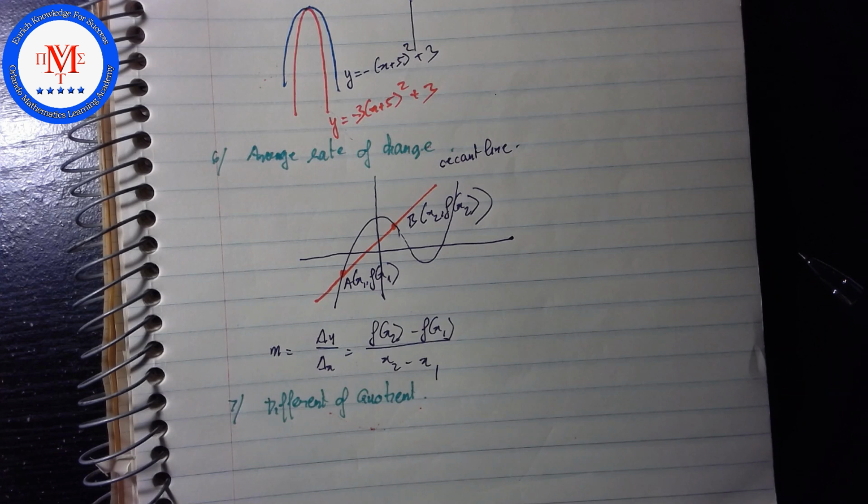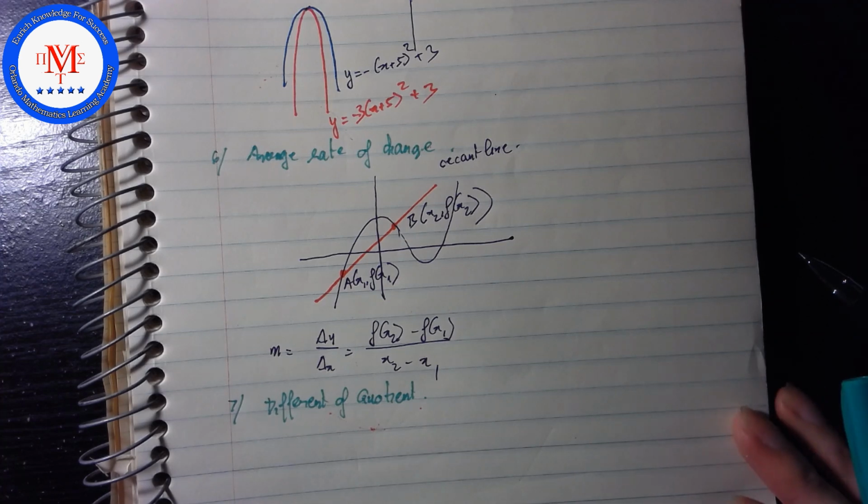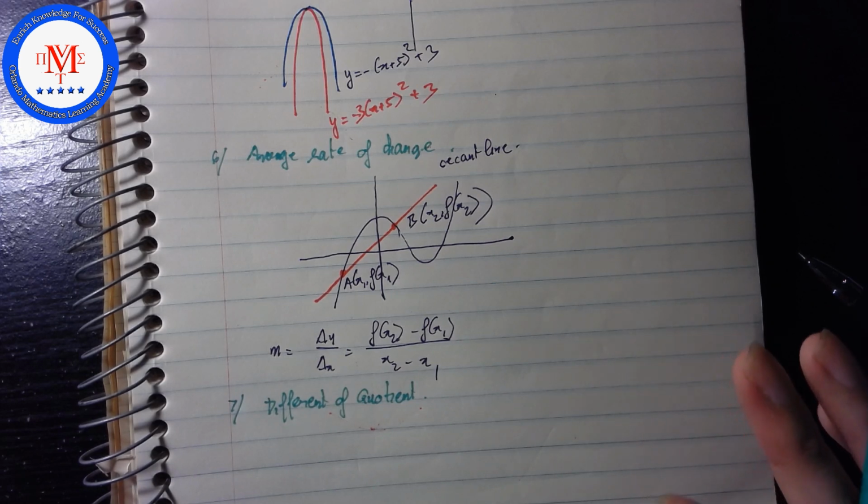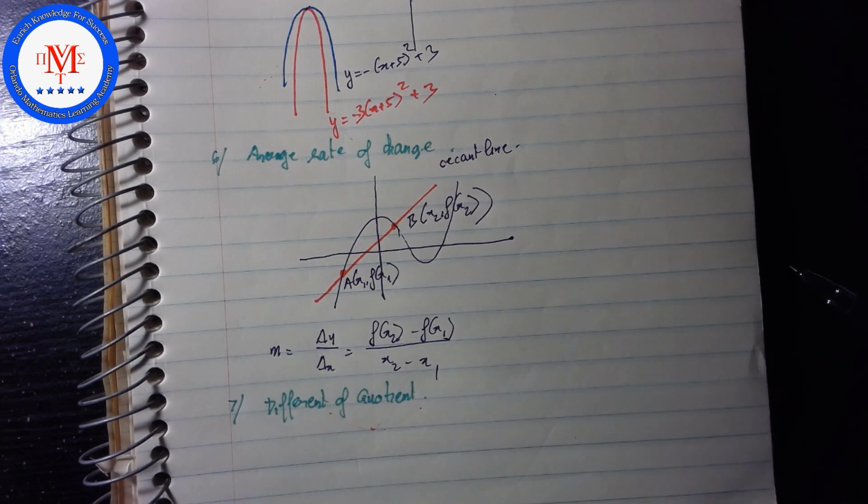In part 7, the difference quotient actually is a general formula for the average rate of change. Okay, and this formula is applied to the interval on the x-axis.